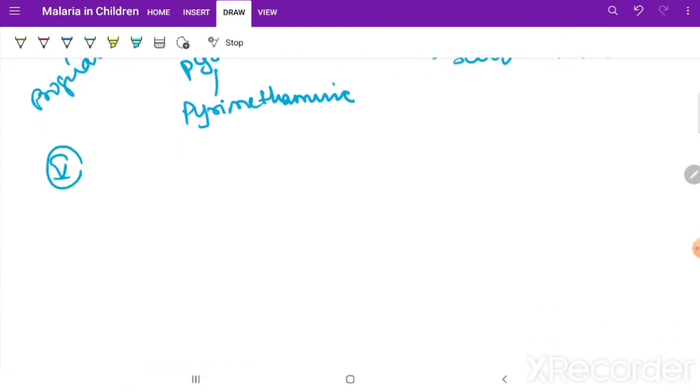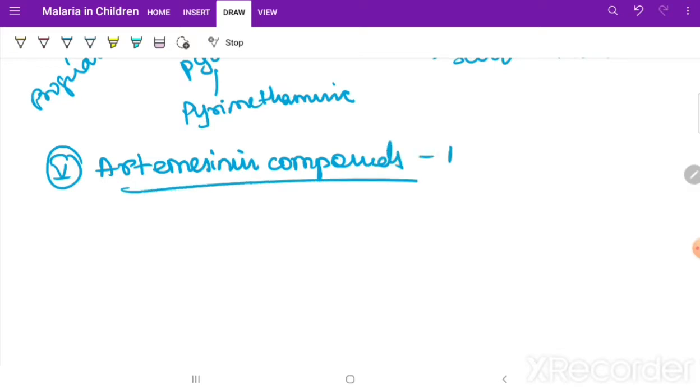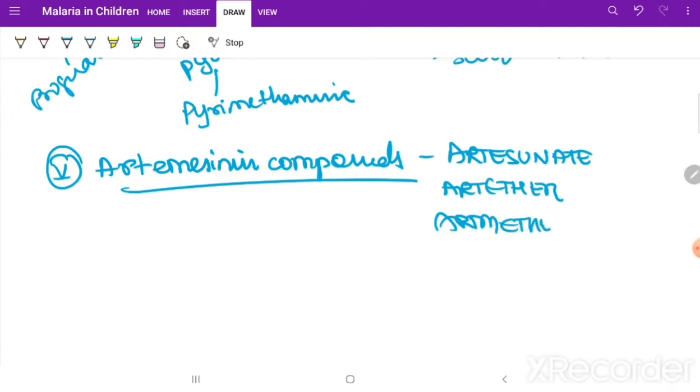Number 5, we have artemisinin compounds. What are the artemisinin compounds? You know, artesunate, arteether, artemether. Okay.